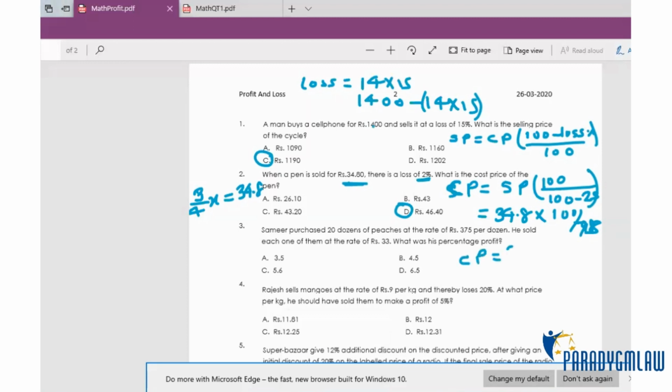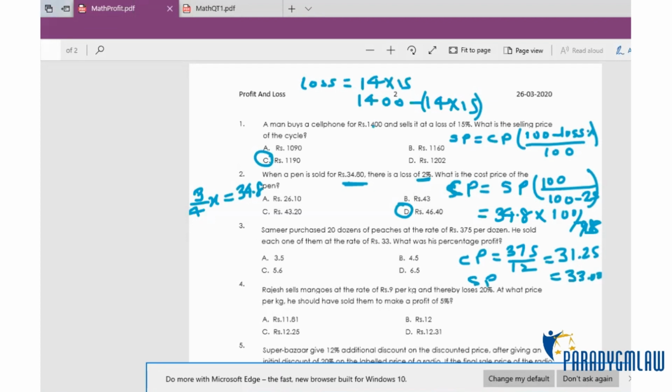CP of 1 will be 375 divided by 12, which is 31.25. So 31.25 is the CP. SP is given as 33. So from here we can find the profit.